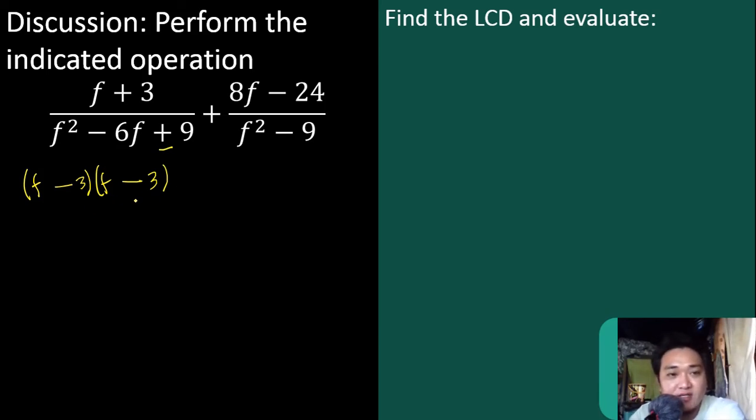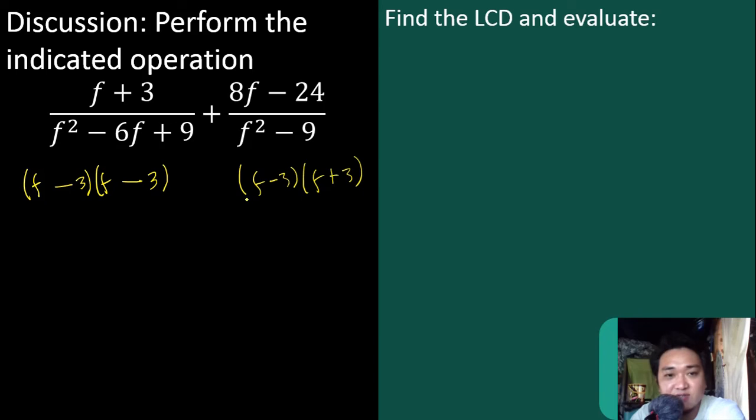Now we already know the factor of this one. As for this one, it only pertains to the difference of two squares, I think. So the factor will be f minus 3 times f plus 3.